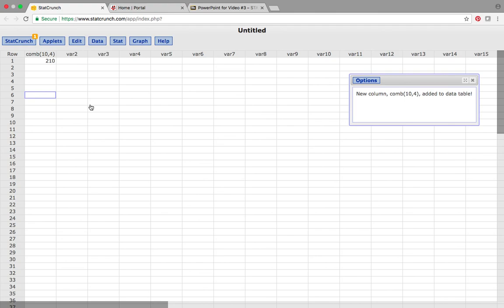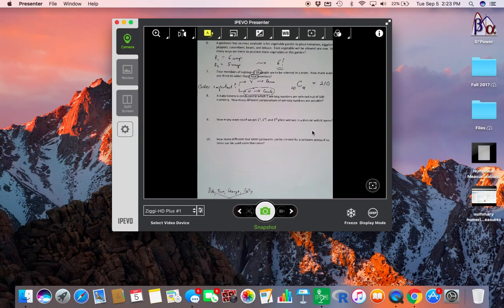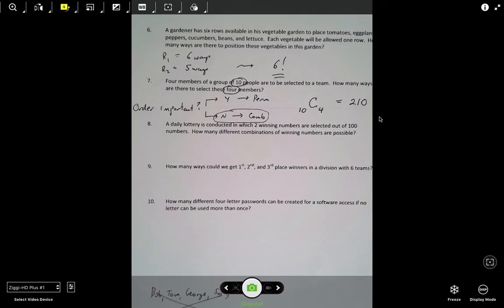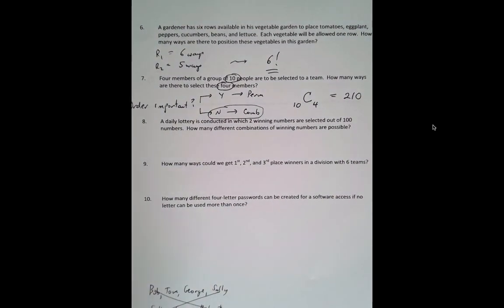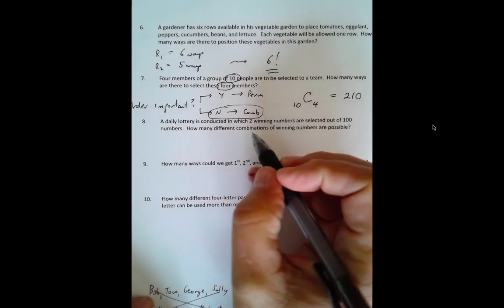All right. Number 8. A daily lottery is conducted in which 2 winning numbers are selected out of 10 numbers. How many different combinations, so guys, this kind of tells you what you need to use, of winning numbers are possible? Well, guys, this is pretty simple.